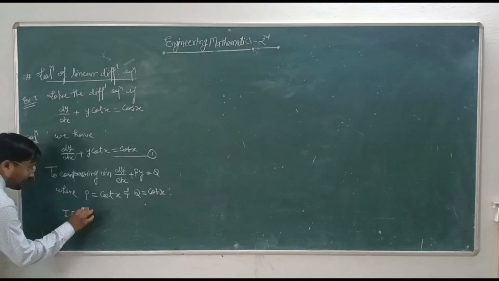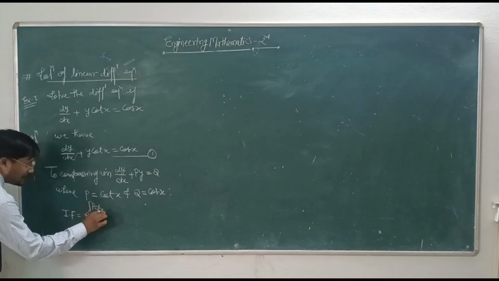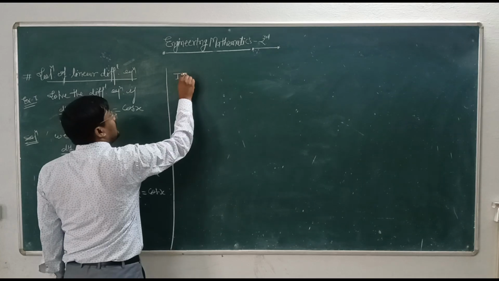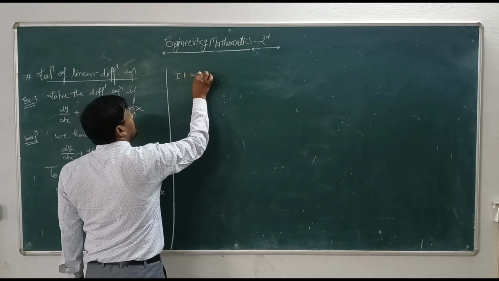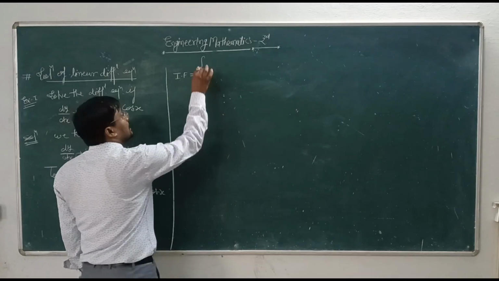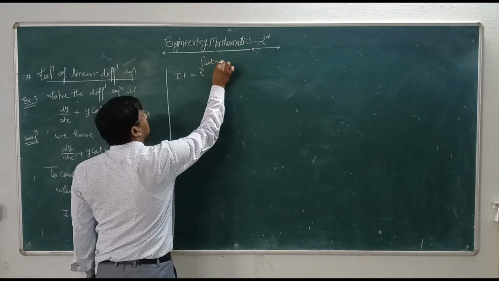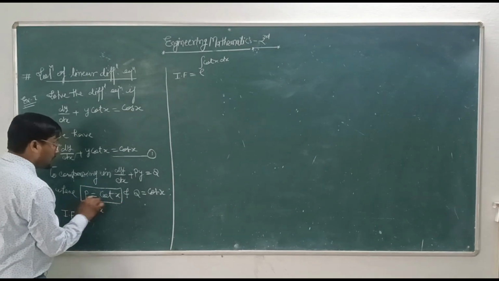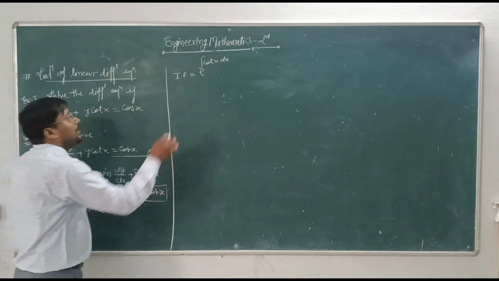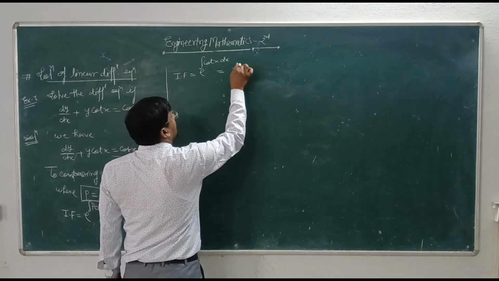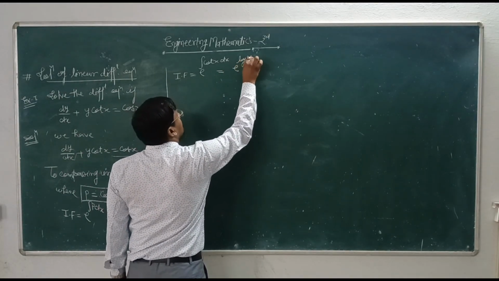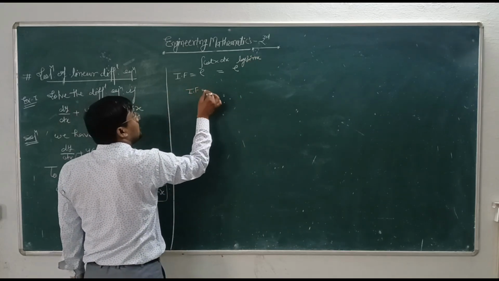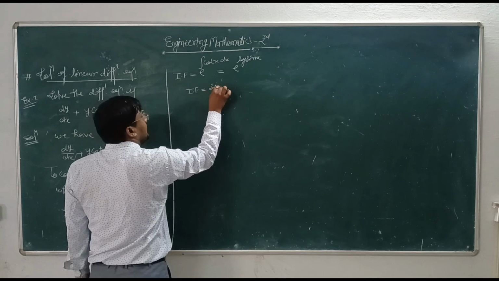IF is equal to e to the power integration P dx. IF is equal to e to the power integration cot x dx, because P is cot x and Q is cos x. Now you can write e to the power log sin x. Now IF is equal to sin x.